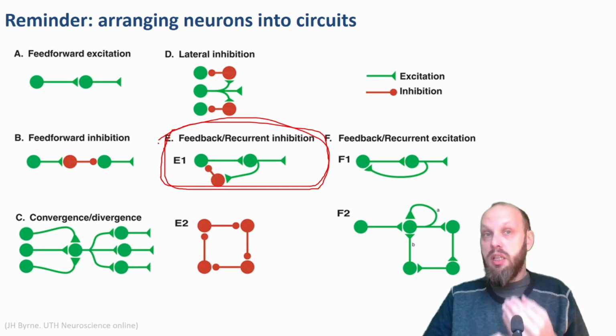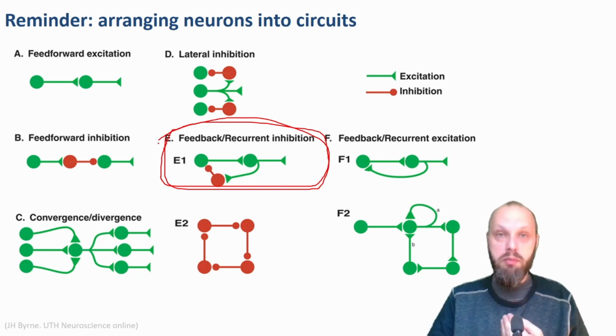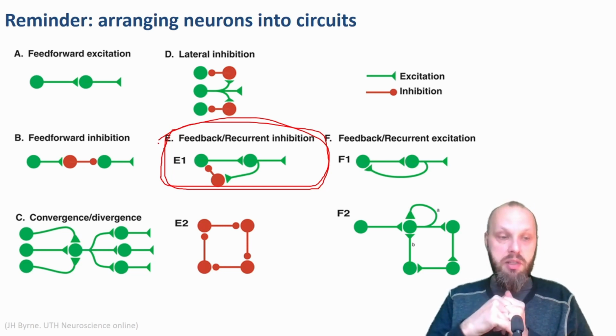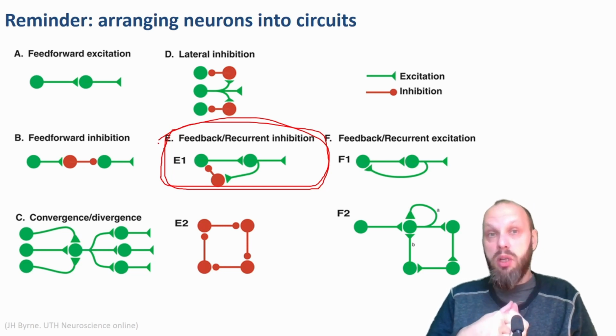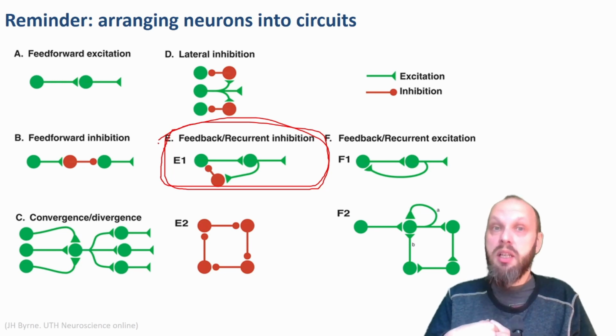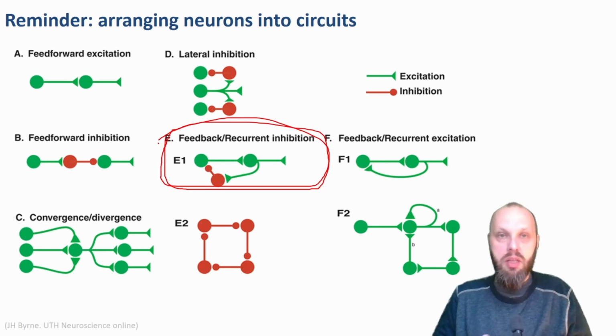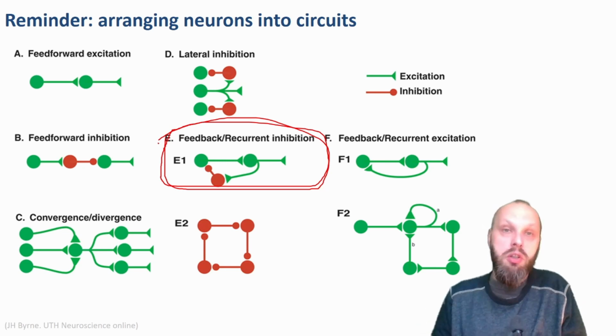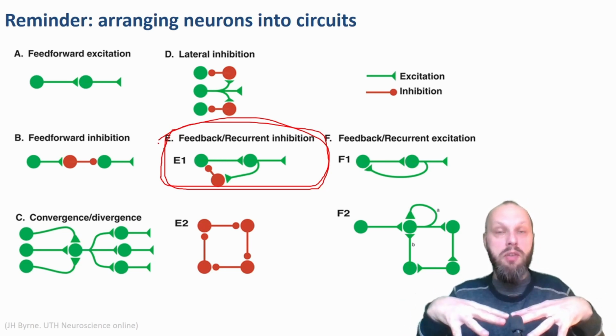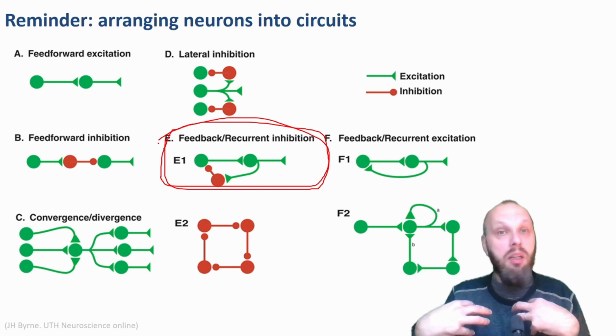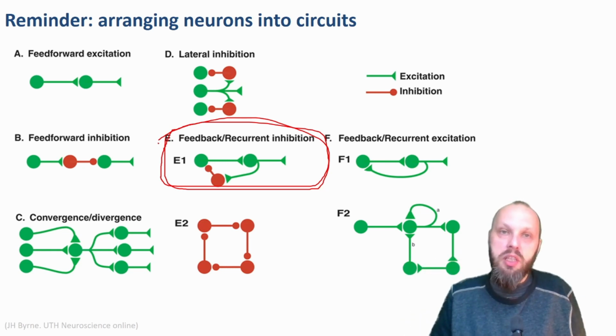But feedback inhibition, negative feedback on the circuit, is perhaps the most relatable one and one of the most important ones. Remember, we talked about how a circuit tends to have this subset of inhibitory neurons that collect the average activation of the circuit and feed back to the circuit. So if the circuit is overstimulated, it gets slightly inhibited.